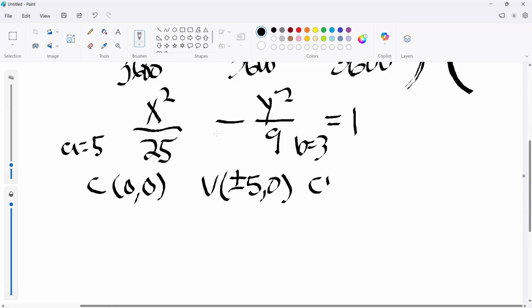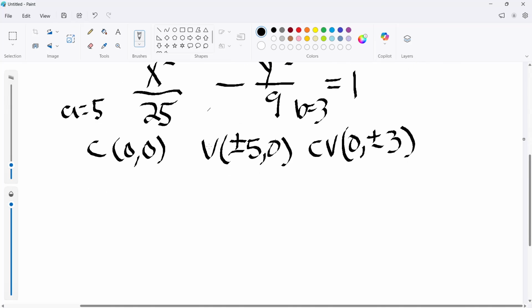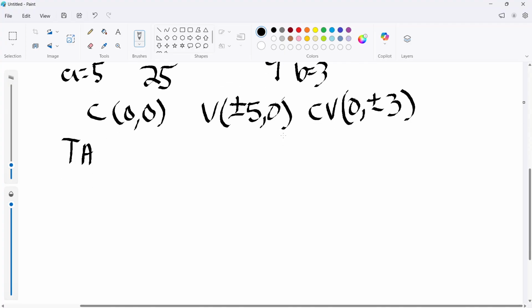The covertices are going to be b, above and below. So it's going to be 0, comma, plus or minus 3. What else do I need? The length of the transverse axis.